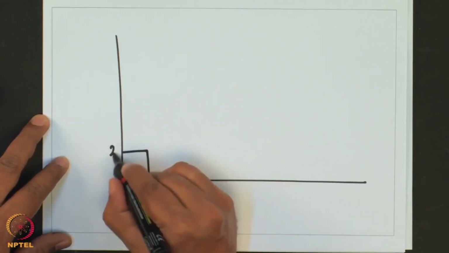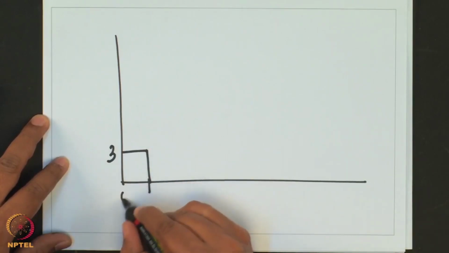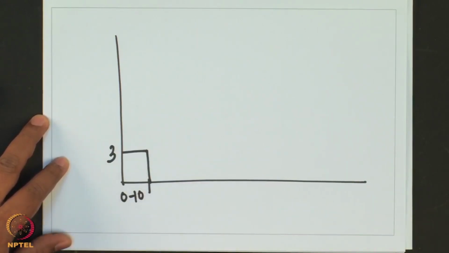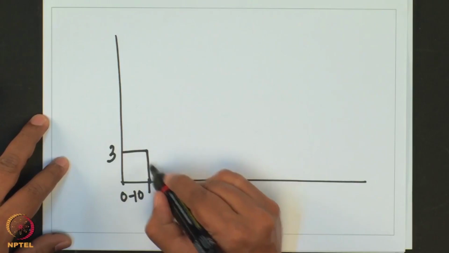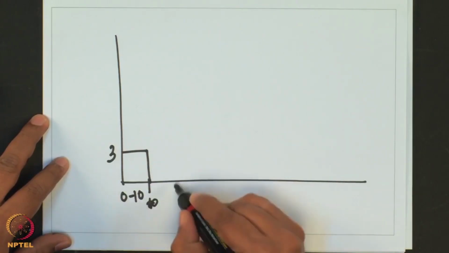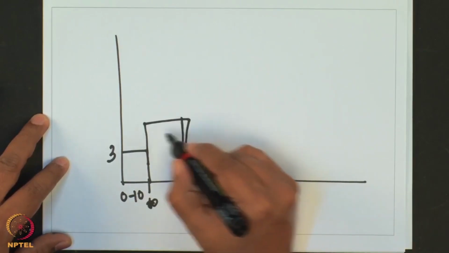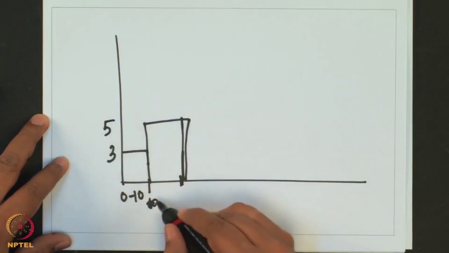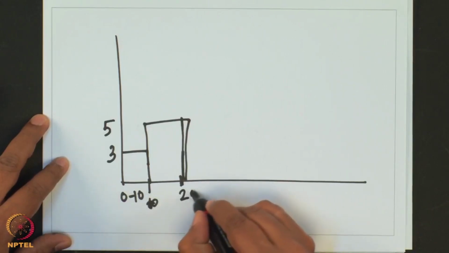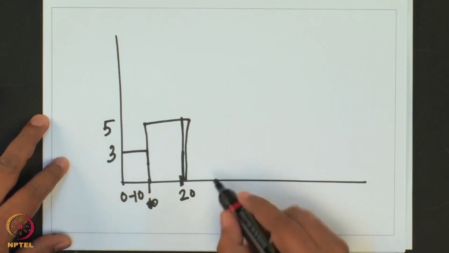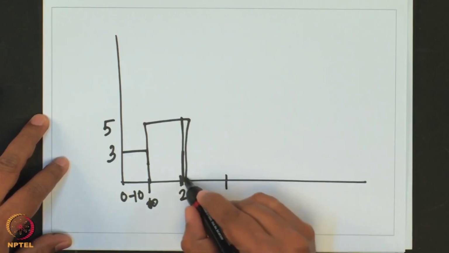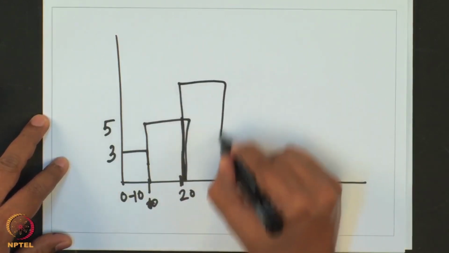So this is 3, for the 0 to 10 range. Between 10 and 20, the numbers in this range were 5 times.